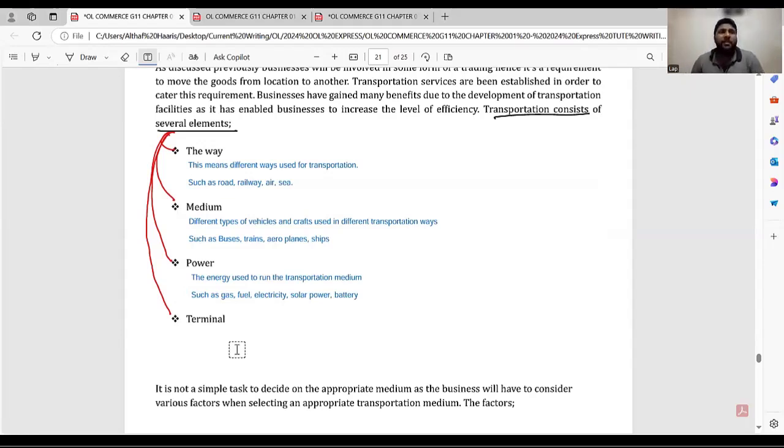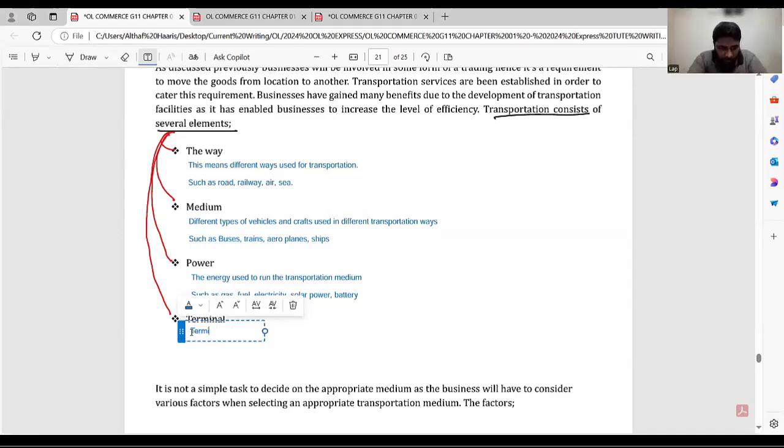Terminal means, people, the places where the transportation mediums are handled. For example, bus halt, train station, for aeroplanes the airport, for ships the harbor, terminals. Right, people?